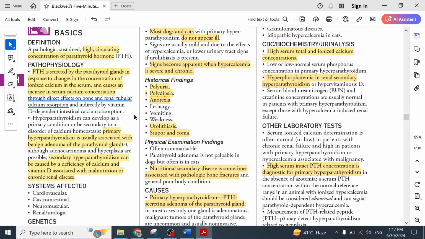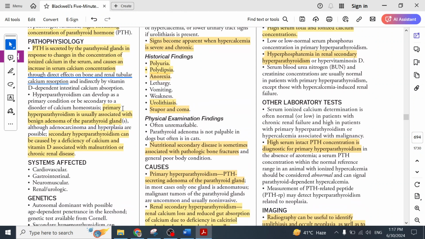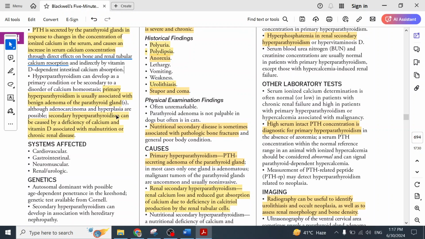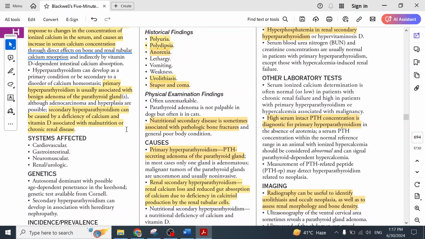Okay. So next thing, primary hyperparathyroidism is usually associated with a benign adenoma of the parathyroid gland. Whenever there is an adenoma, this is the parathyroid gland. So next one is secondary hyperparathyroidism, which can be caused by a deficiency of calcium and vitamin D associated with malnutrition or chronic renal disease.